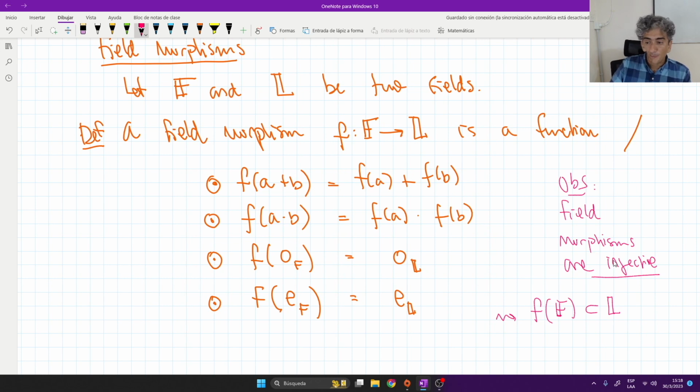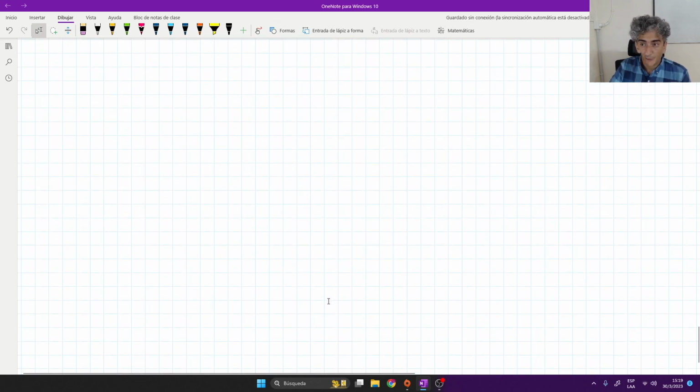Well, there are some things that can be said about this sort of functions, and the good thing is that whenever we can work with a field morphism, we're going to have lots of operations that can be performed within L or within F. So this is some sort of mechanism to send operations that are done in F to L. And we're going to make this more explicit when we talk about this next topic, which is finite fields.